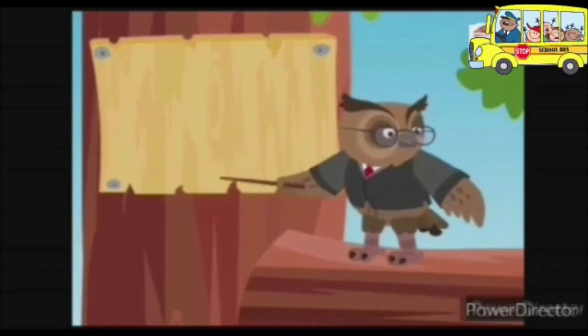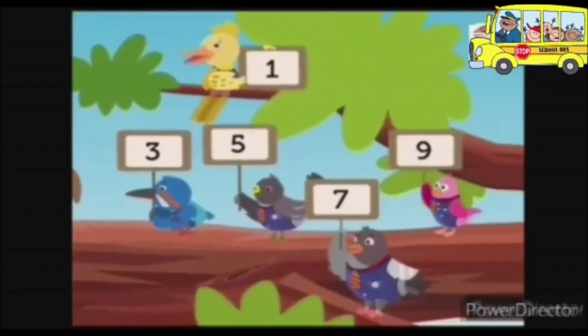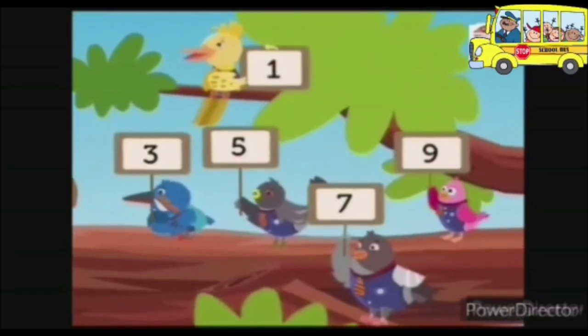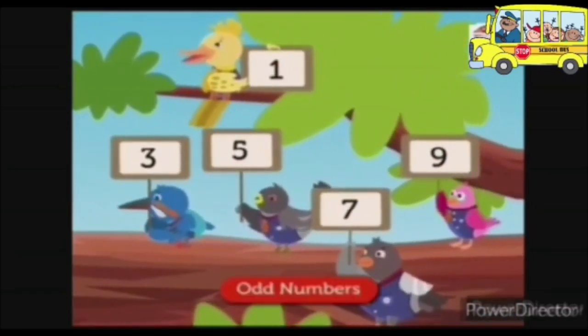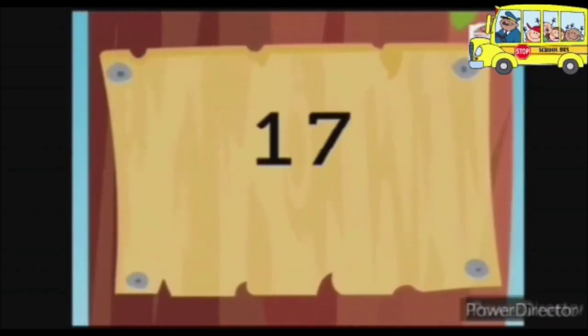Now let us understand the meaning of odd numbers. All numbers with the digit 1, 3, 5, 7 or 9 in the ones place are called odd numbers. Now look at the number 17.